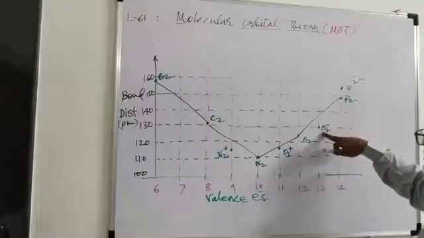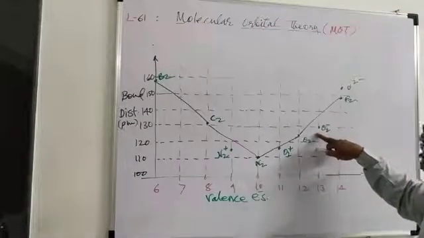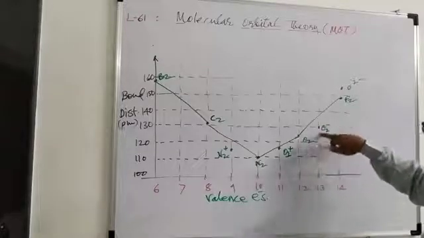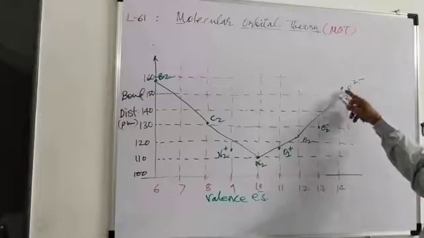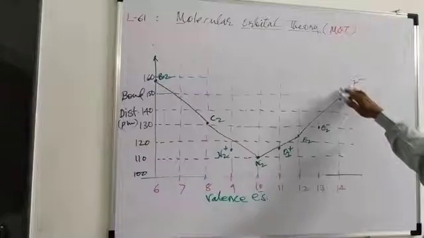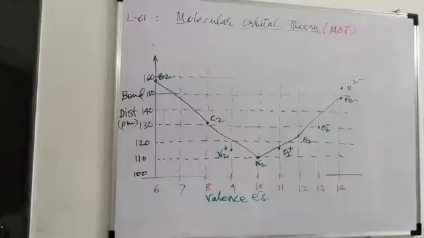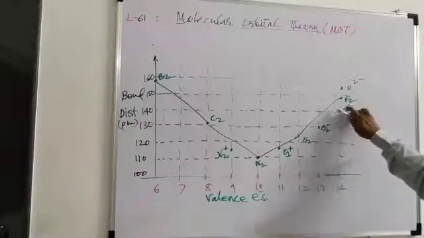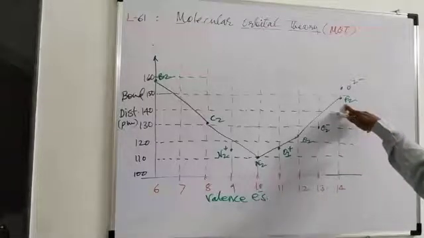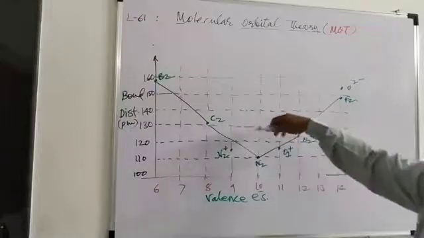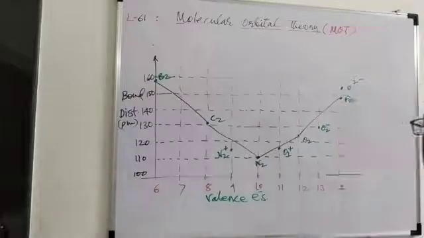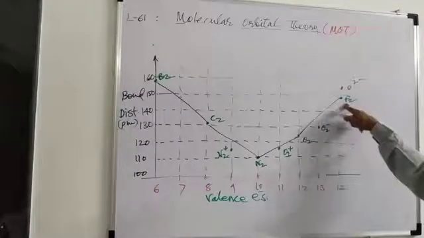Because of this, the bond distance increases. The bond becomes weaker compared to O2. And in case of O2 minus, this distance is again increased. So F2 has the longest bond distance compared to this, but it is shorter than B2. The bond order here is 1.